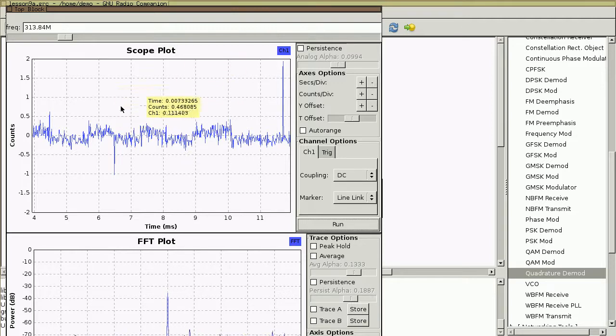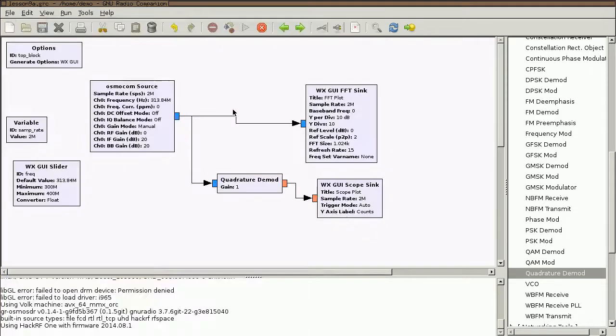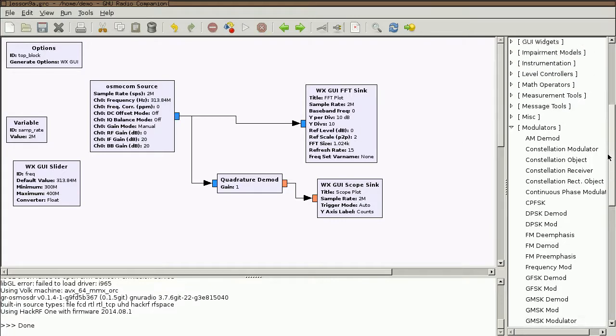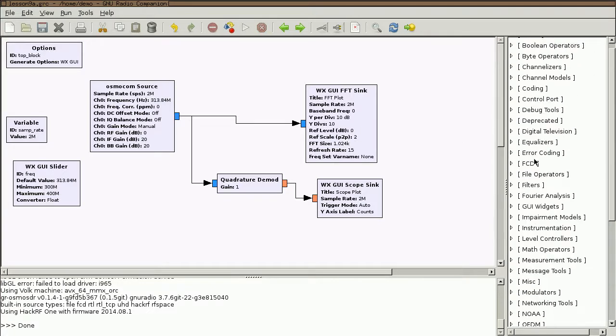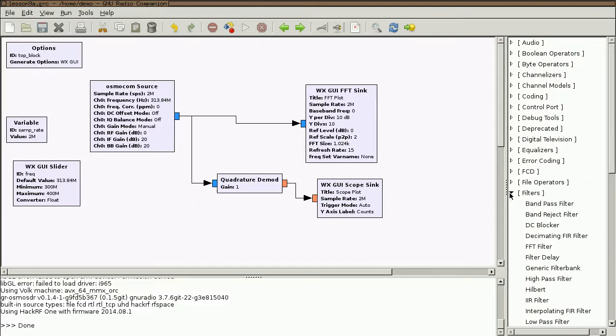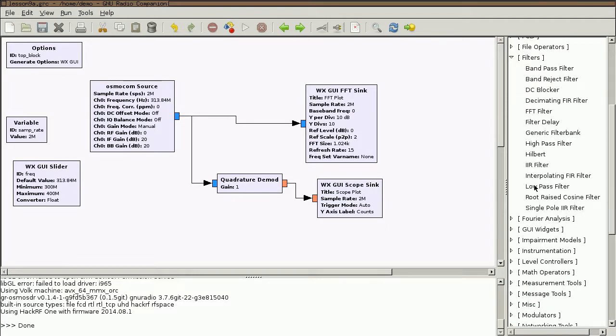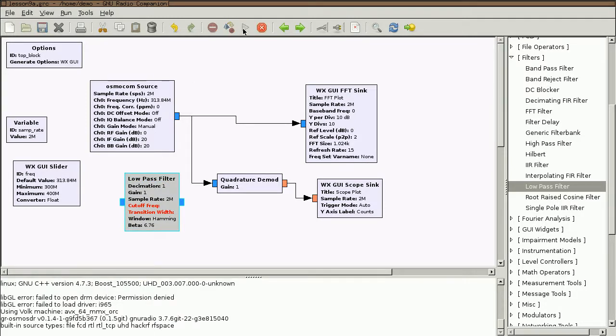And we're going to talk about filters in much more detail in the future, but for now, let me show you a trick that we can use that is taking probably the simplest type of filter that I use all the time in GNU Radio, and that is a low-pass filter. And all I have to specify is a cutoff frequency and the transition width. Well, let's see, what cutoff frequency do we want? In other words, what frequencies are we interested in?